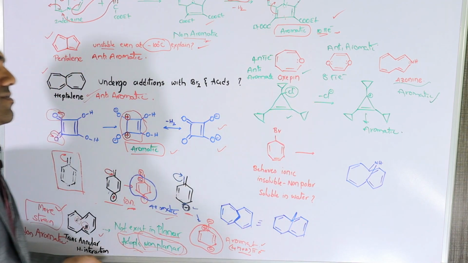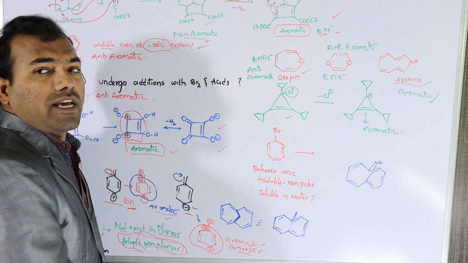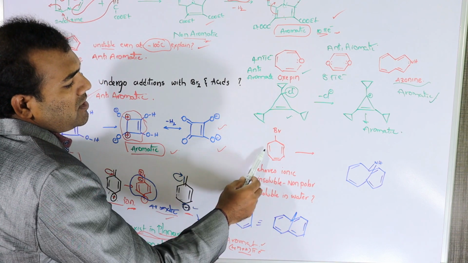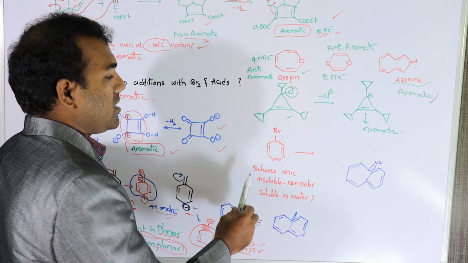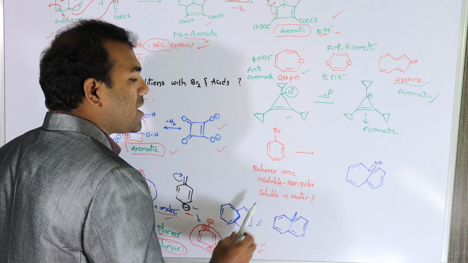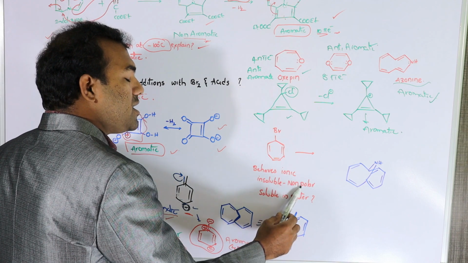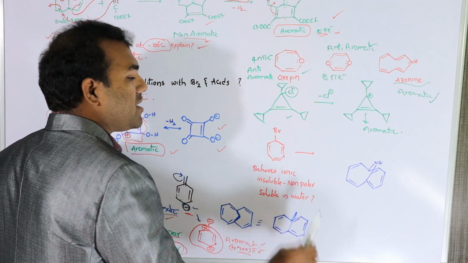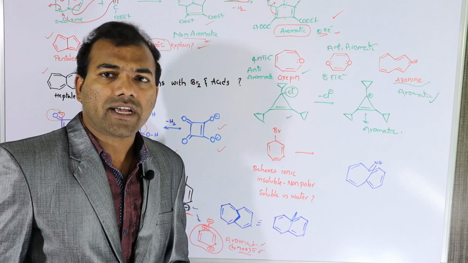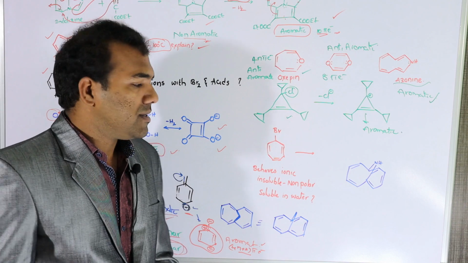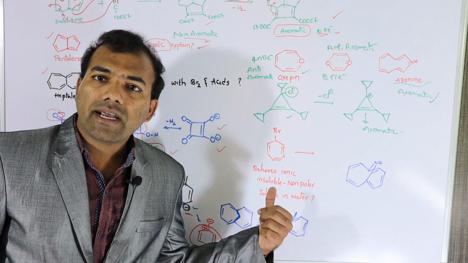Next example, this one. So if you see, he will give a bromocycloheptatriene compound. Then it behaves ionic and is insoluble in non-polar solvents, but it is soluble in water. Why? Water is a polar solvent, so it is soluble in polar solvents. The reason is that this bromocycloheptatriene is not at all stable in this structure.